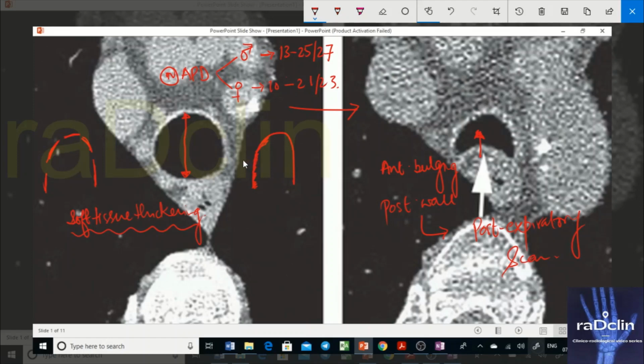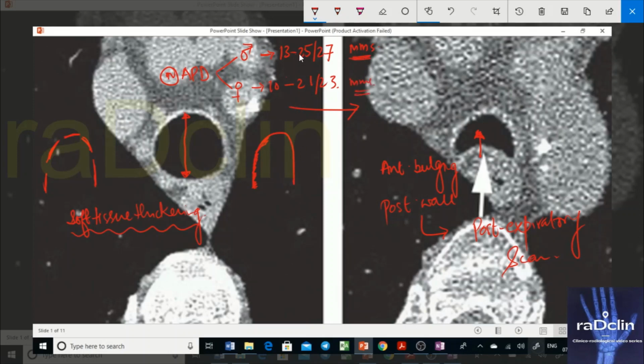So depending on what type of diameter you are taking, whether axial or sagittal, this is the AP diameter, and this is in millimeters. Remember this thing.